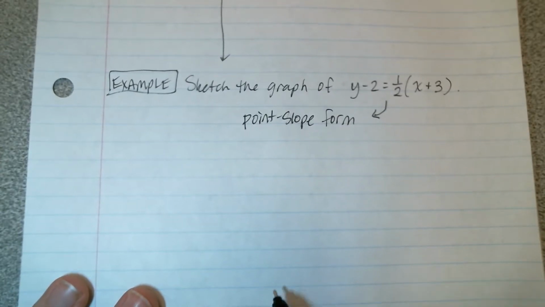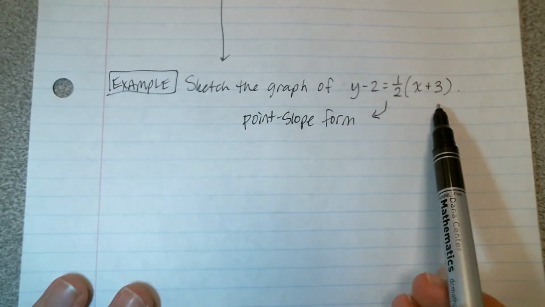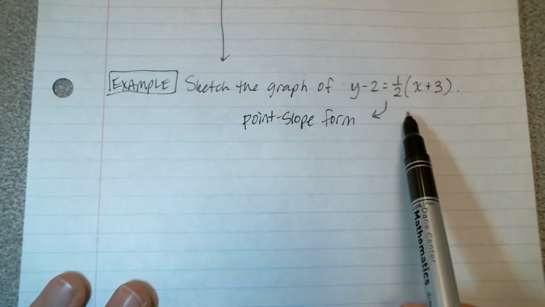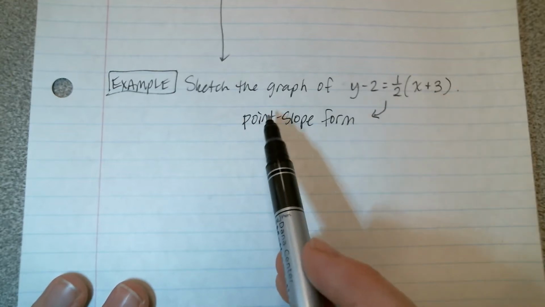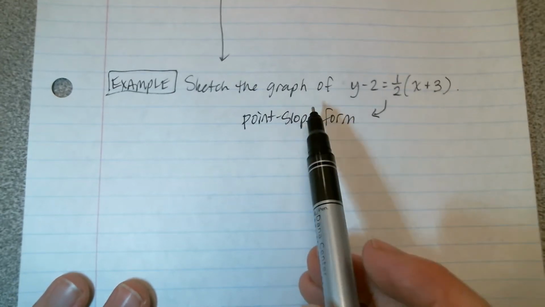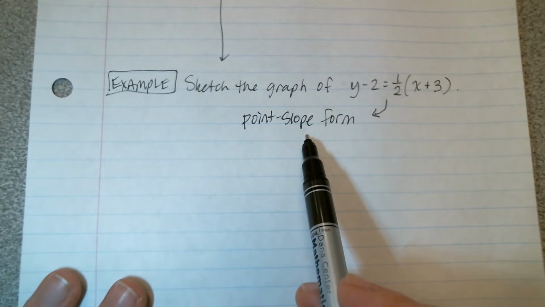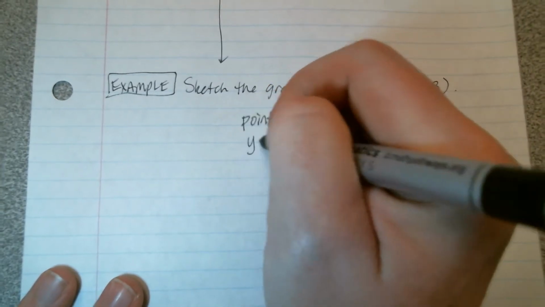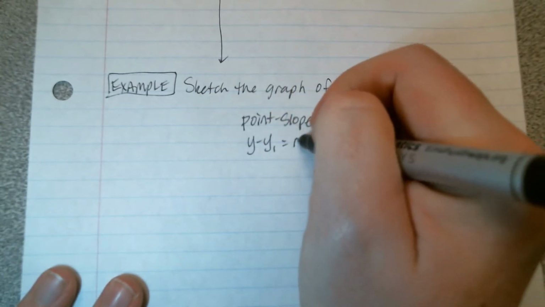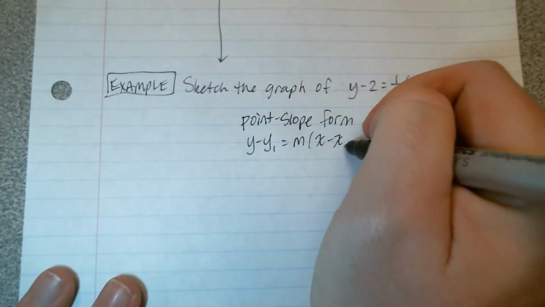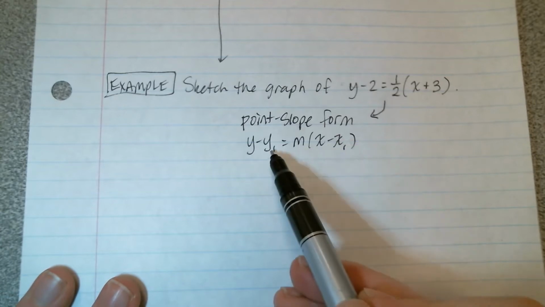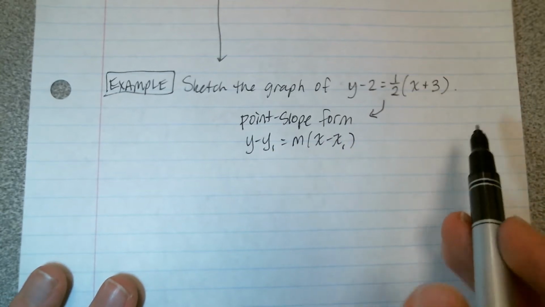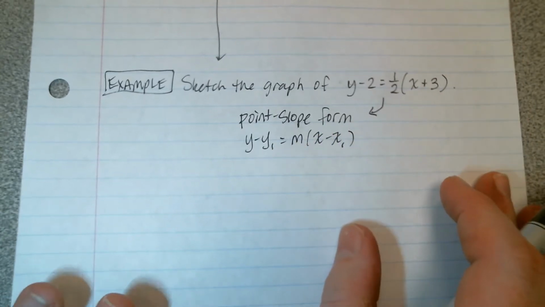It's called this form because it's easy to identify 1 point on the graph and the slope of that line. So point slope form in its most general form is written as such, where (x1, y1) are the coordinates of the point and m is the slope.